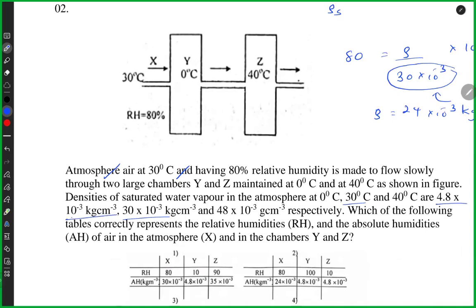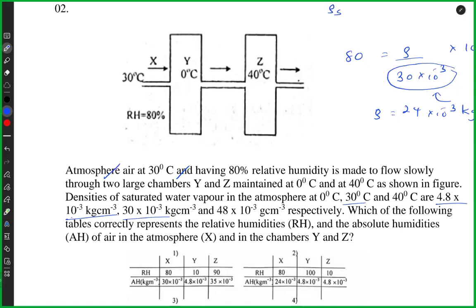That means we need, at maximum, the water vapor the air can hold at 0 degrees Celsius, per centimeter cube, per unit volume. So we're talking about density now. So 4.8 times 10 minus 3 is the amount we need per centimeter cube to saturate room Y. Is that okay?